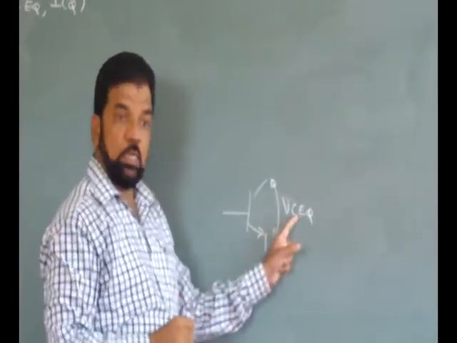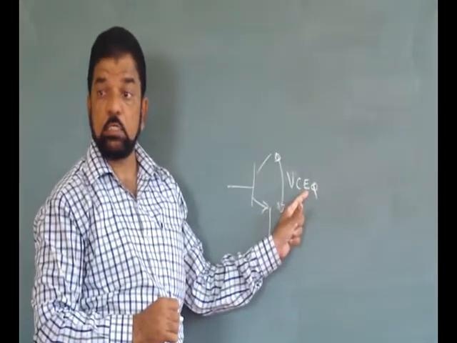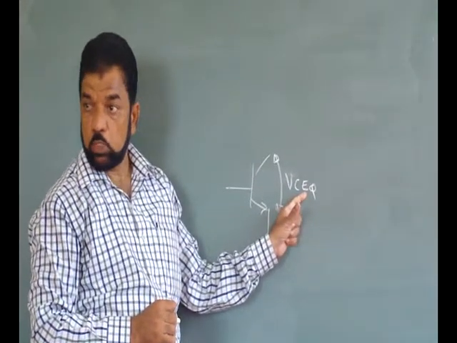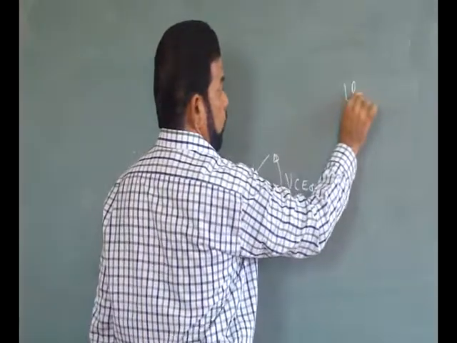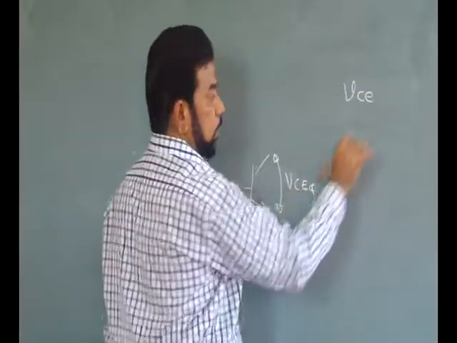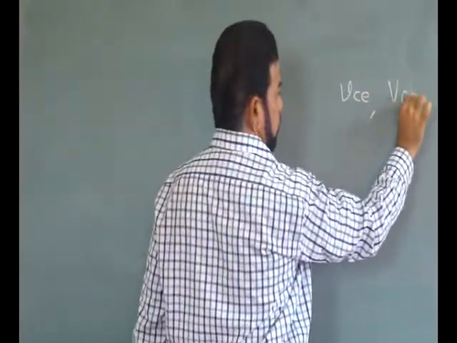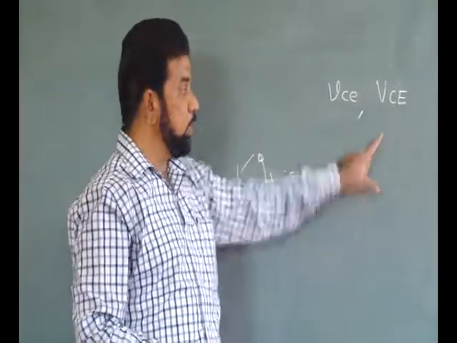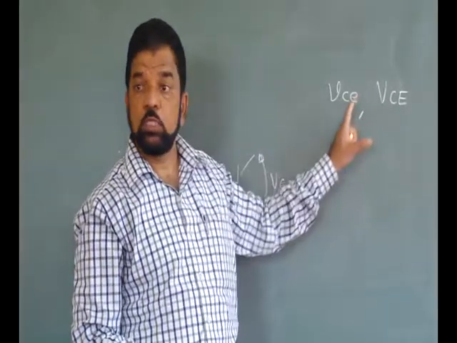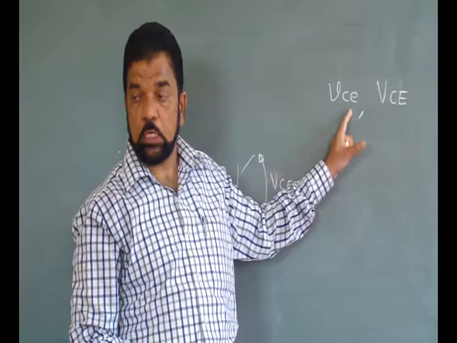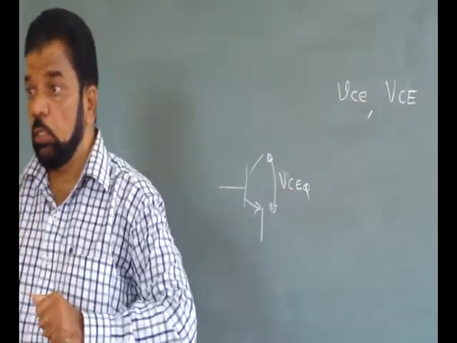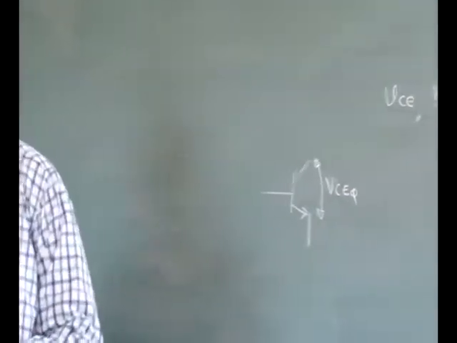Capital letters are used for DC conditions, so there is a difference. If I have VCE like this one and VCE like this one, this stands for DC values and this stands for AC values. Lowercase letters are used for indicating AC values.